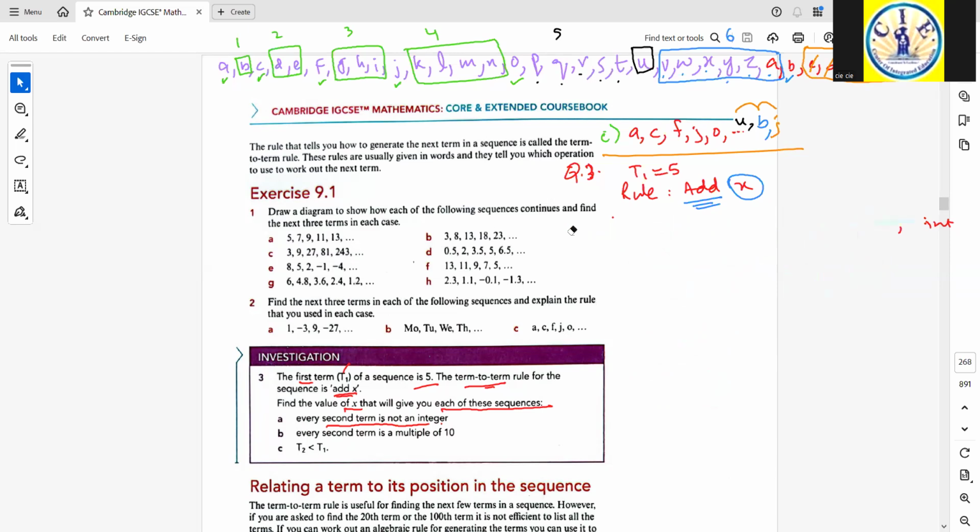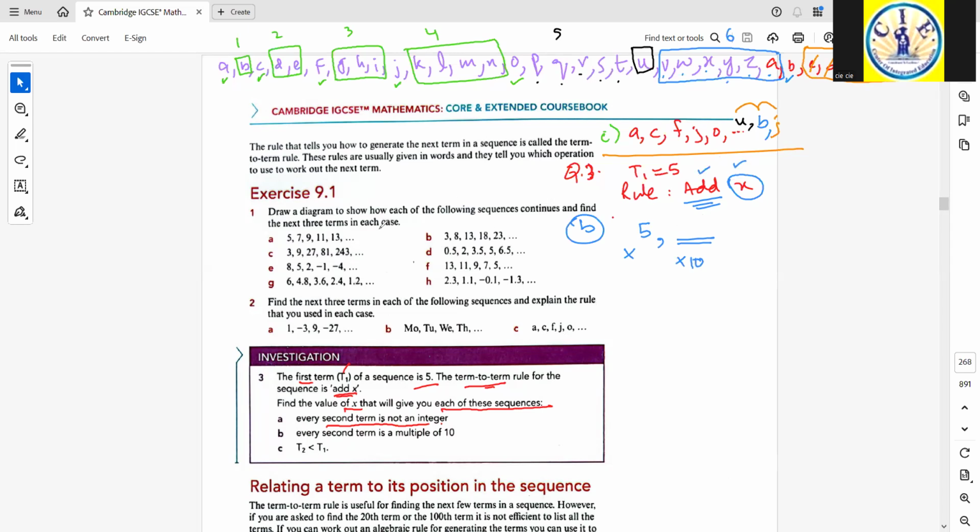After 5, this is obviously not a multiple of 10. So to have this second term be a multiple of 10, I need to add something.